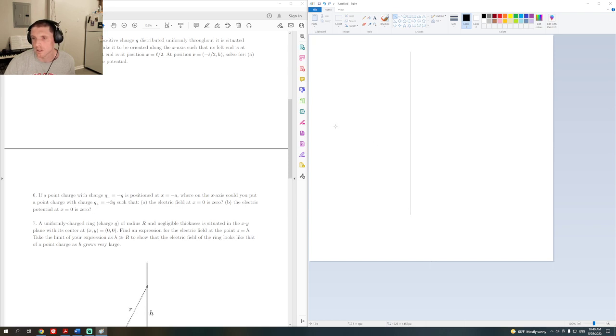Okay, I think that's fine. Okay, there's that. Cool. So then these are my x and y axes. We have that there is a negative charge over here, say, at x equals negative a.